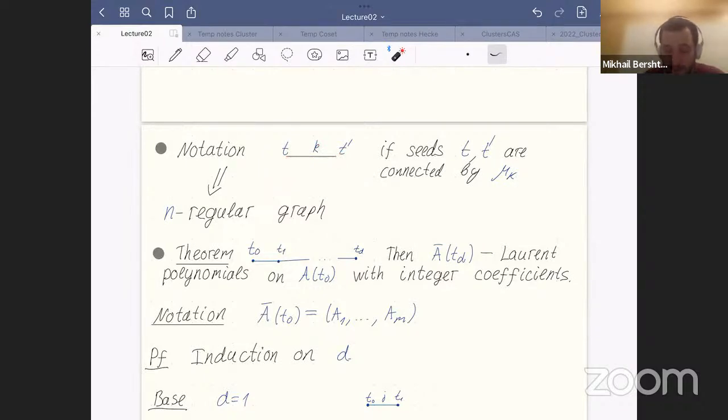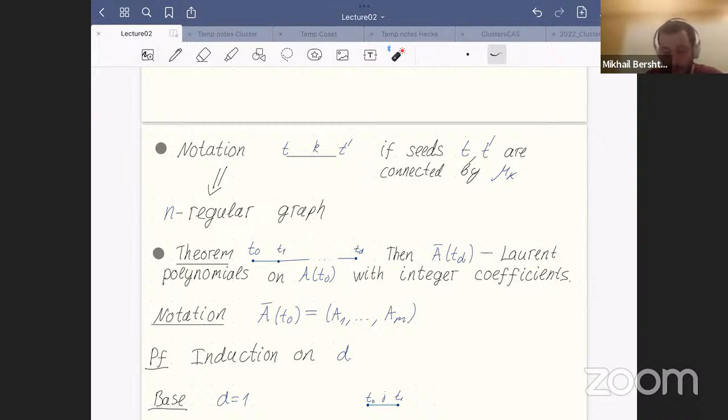In any seed, we can perform n mutations. N is the number of unfrozen variables. So we get an n-regular graph, where the valency of each vertex is n, and the edges which go from each vertex are colored from 1 to n.